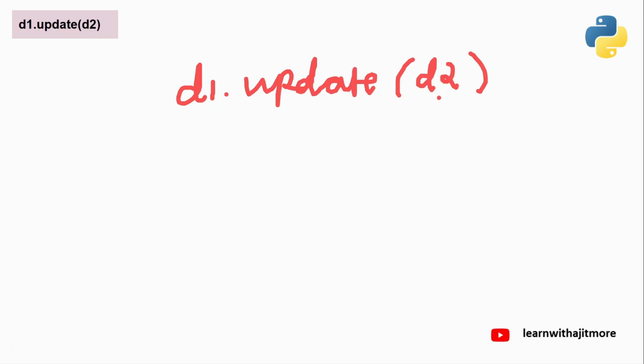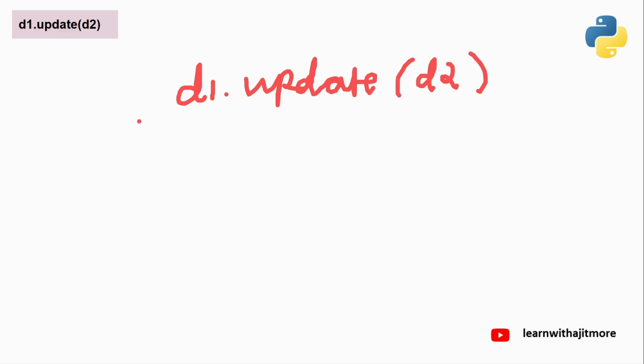D2 के अंदर जितने भी की वैल्यू पेयर्स हैं वो सब D1 में जाके ऐड कर देगा। Okay, but suppose in D1 there are some keys which are already in D2, or other way I'll say in D2 there are some keys which are already in D1. Then it is just going to replace old value with the new value.